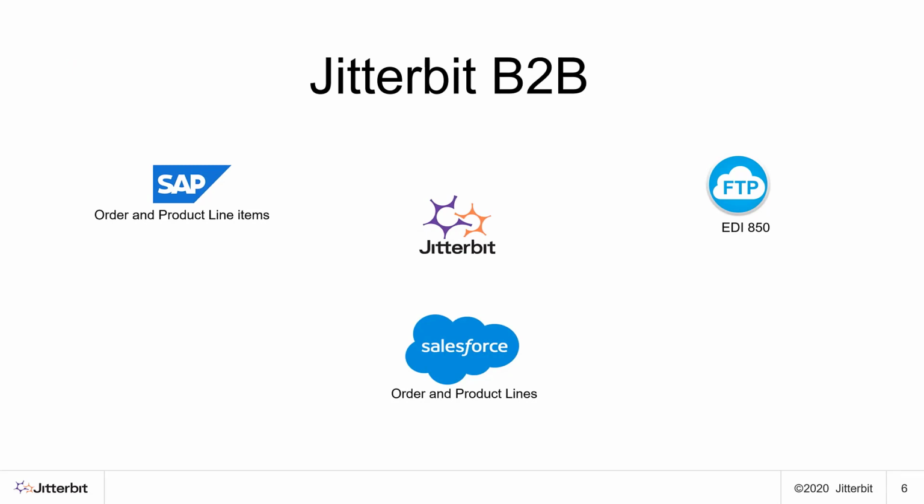So as far as the use cases, what we're going to be looking at today, you'll see in the slide here, the source for one of the use cases will be our SAP system, and we're going to be getting the information out of SAP, the orders and the product line items, and doing the transformation and creating an EDI 850 document and posting it to our FTP server.